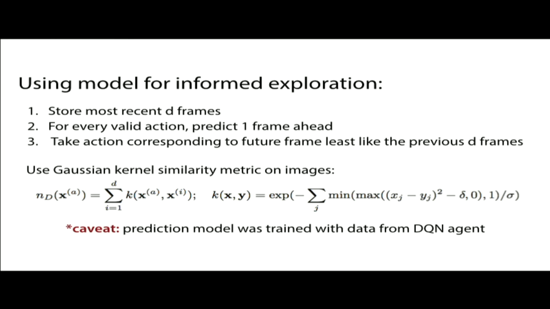I don't know what the results would look like if they didn't do this, but in practice, if you wanted to do this for exploration, you would probably have to sequentially train your model as you get more and more experience to get some reasonable predictions about what the future states will look like.